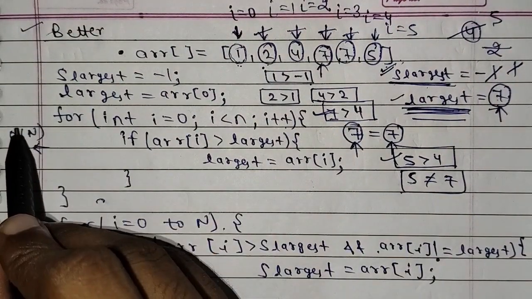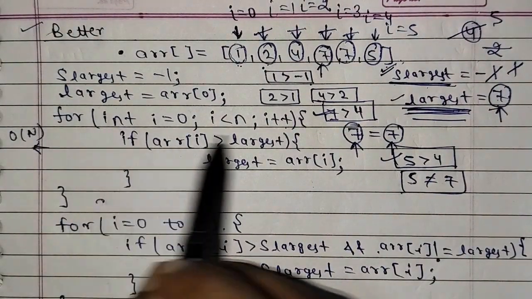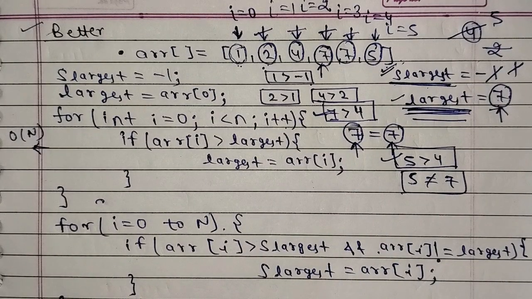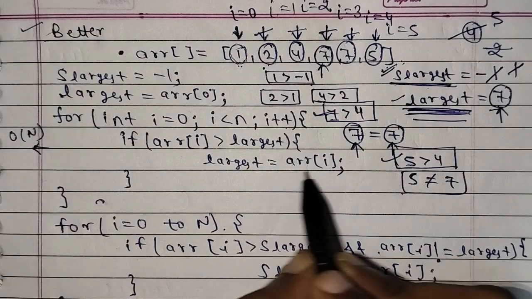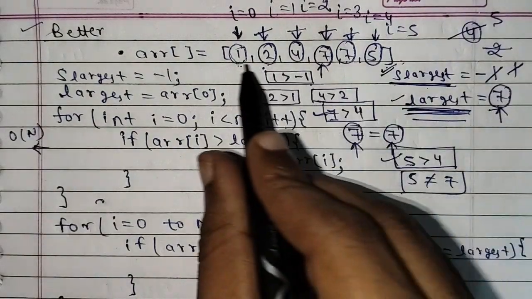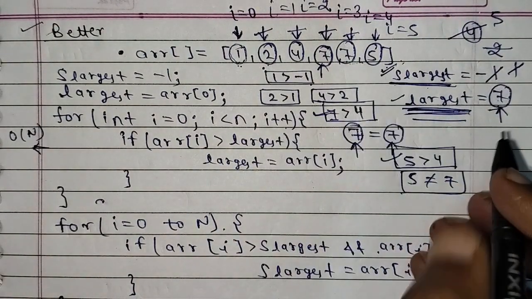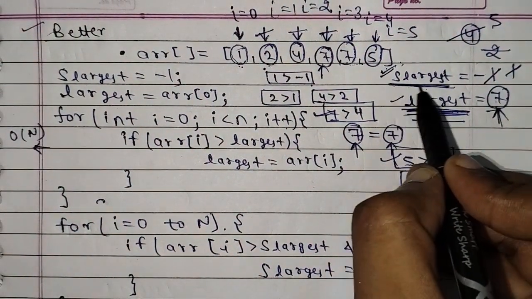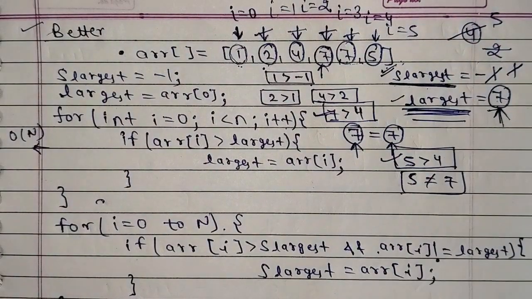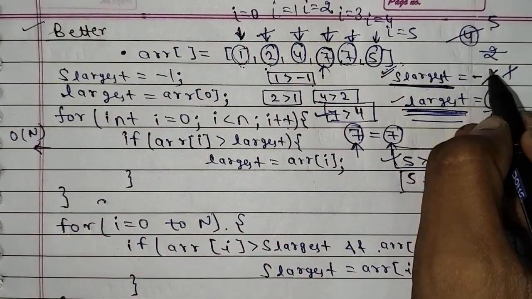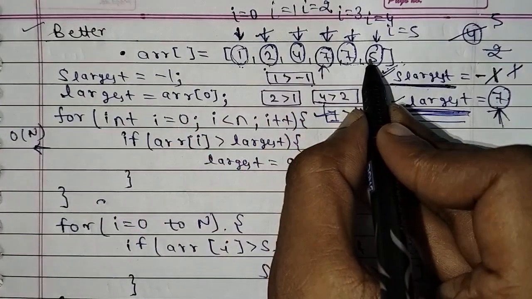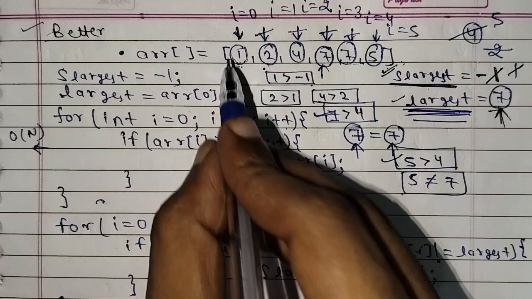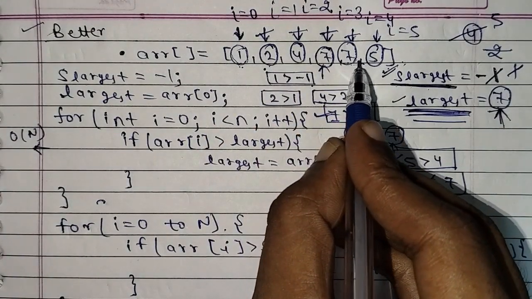The largest element we find by iterating the array and comparing: if arr[i] is greater than largest, update largest. After iterating the array, we get our largest element, and then we start our second largest element by supposing it is -1, because there is no negative in this array. And then we compare by iterating each element in this array.